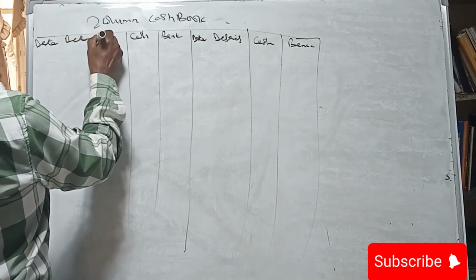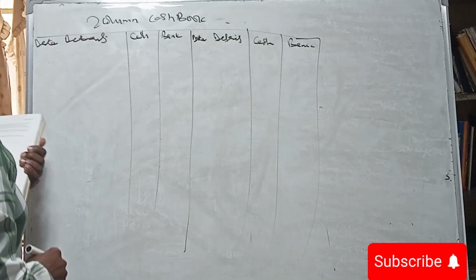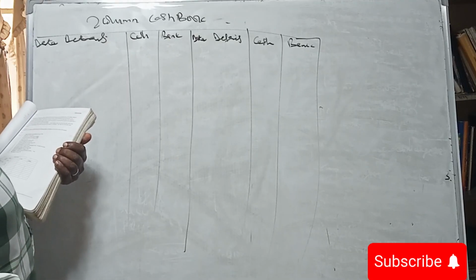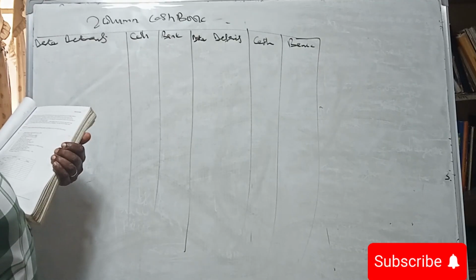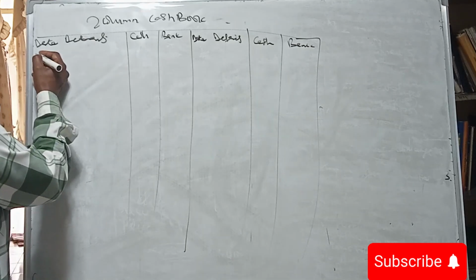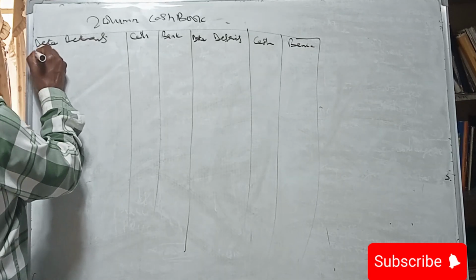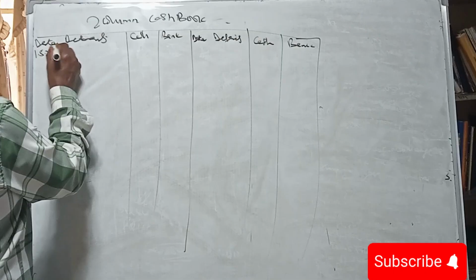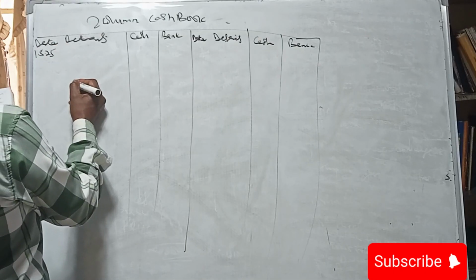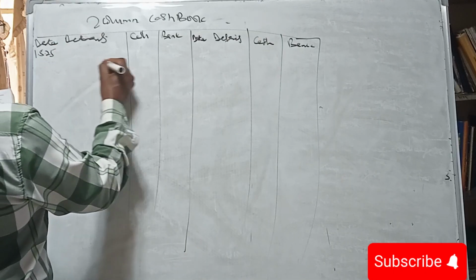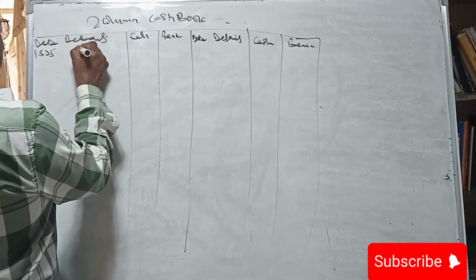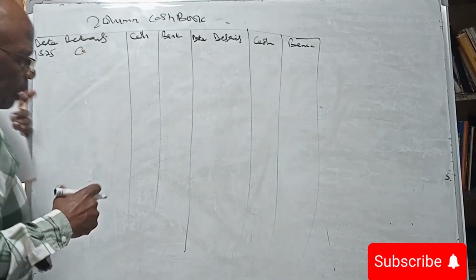On 1st of May 2025, started business with capital in cash of 1,000 pounds. So this is capital: the owner has brought in money.